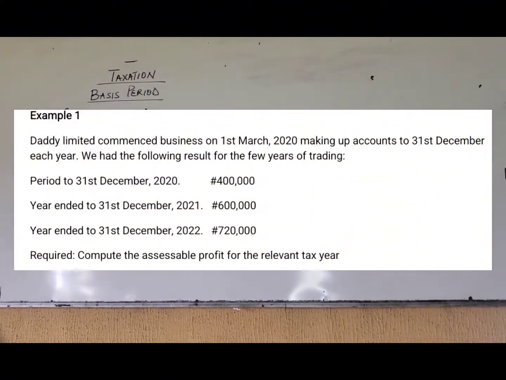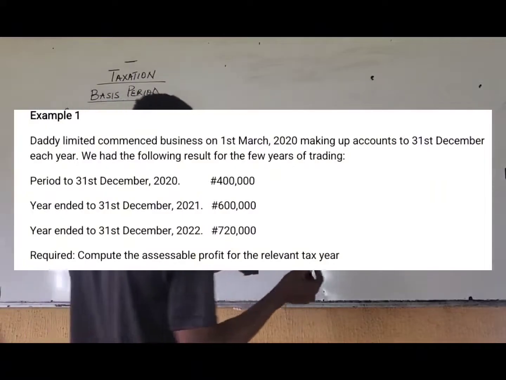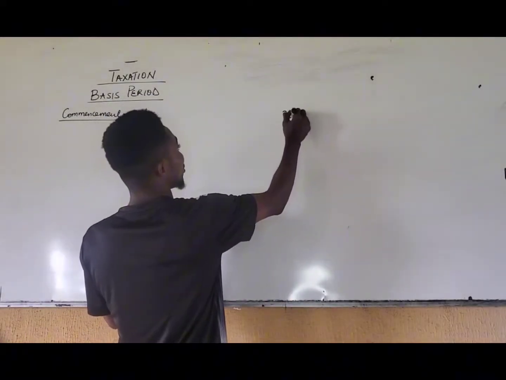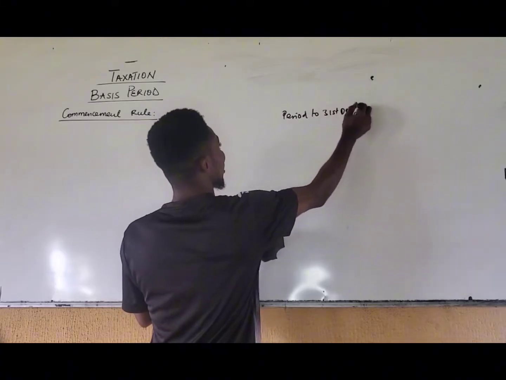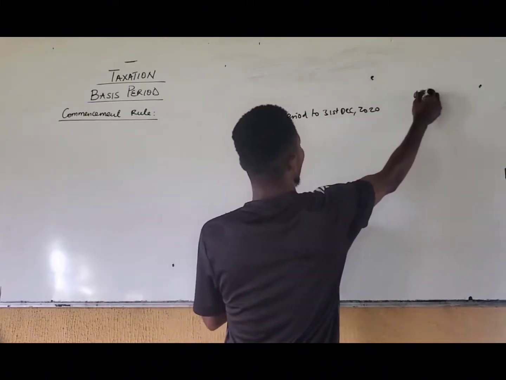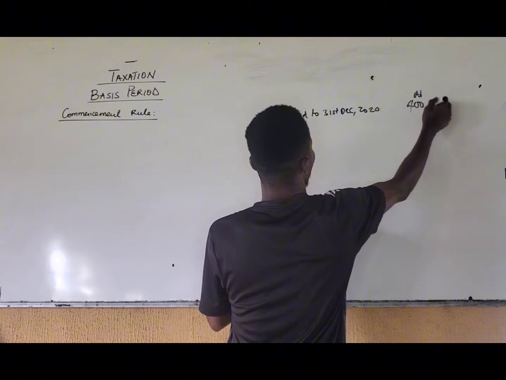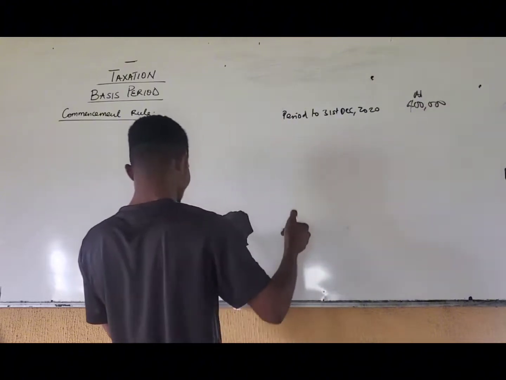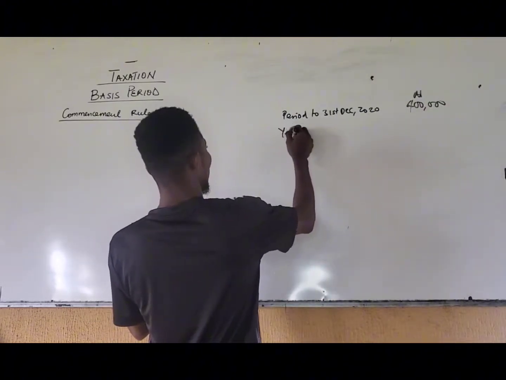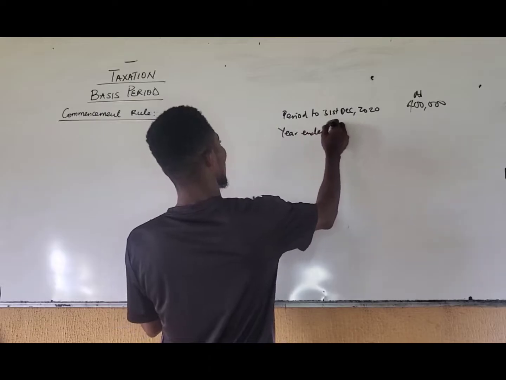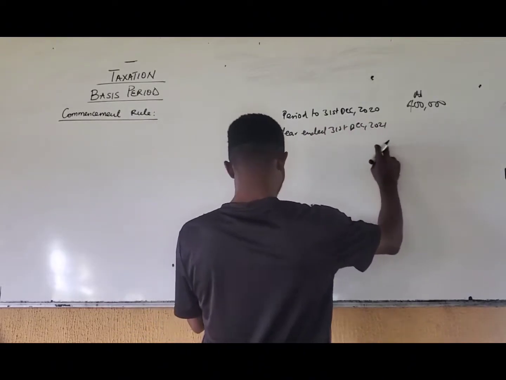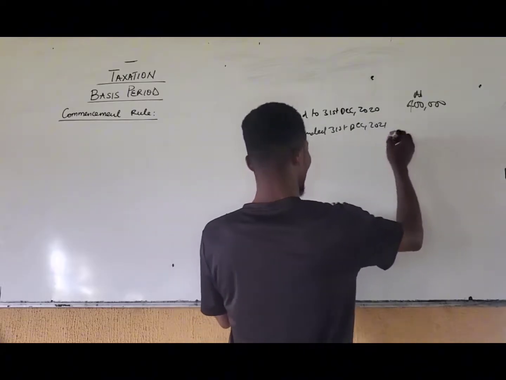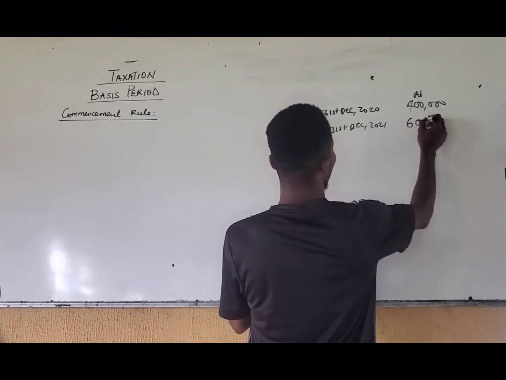So we just solve. Period to 31st December 2020, they made 400,000 naira. Year ended 31st December 2021, they made 600,000 naira.